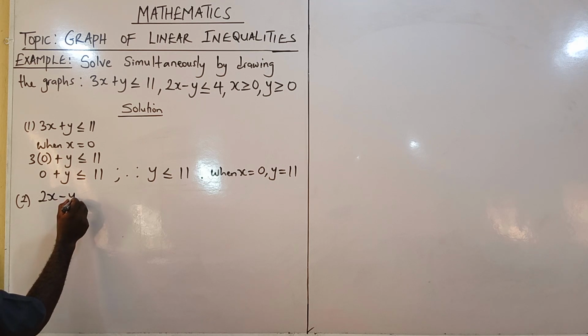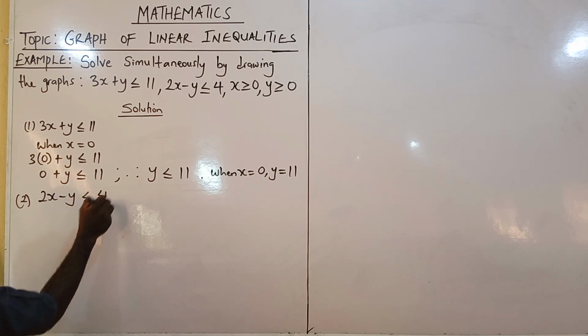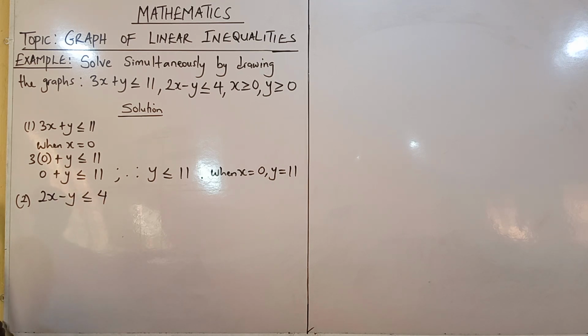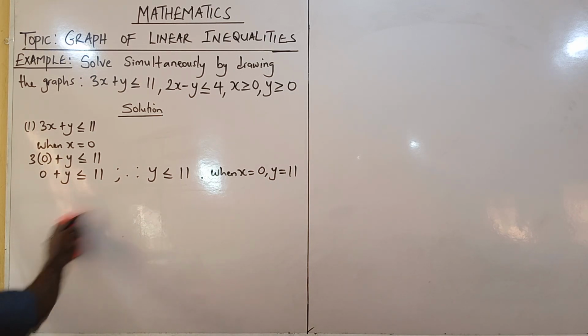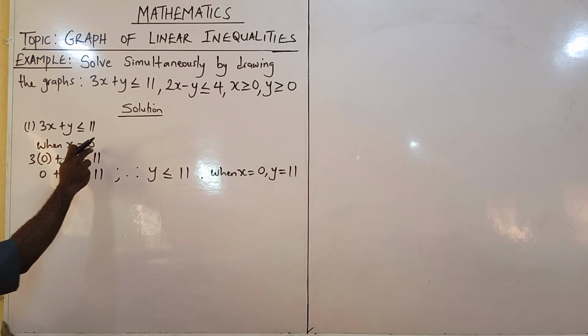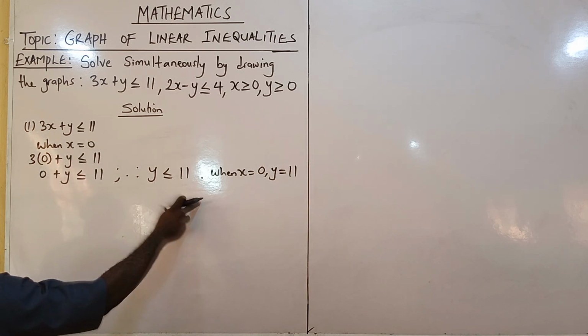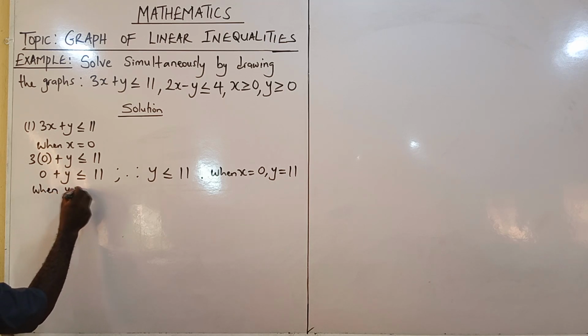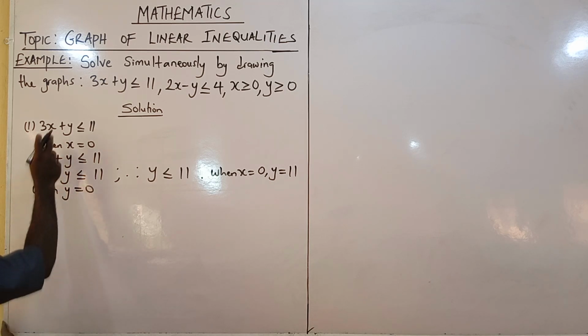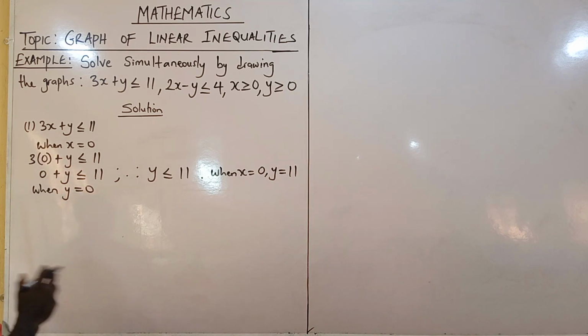Okay, let's go to the second one: 2x minus y less than or equal to 4. But before then, we have to do the other side of the first. Now we have assumed when x equals 0, y is 11. Now let's see when y equals 0. We have to do it in two ways.